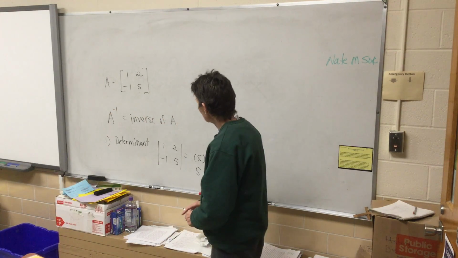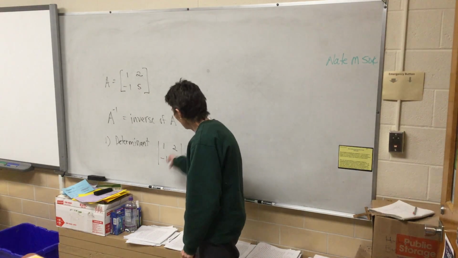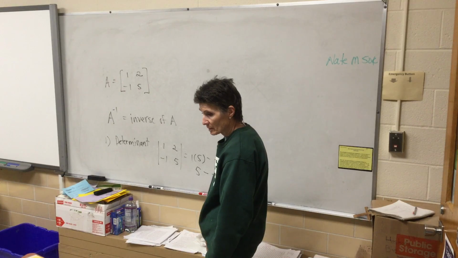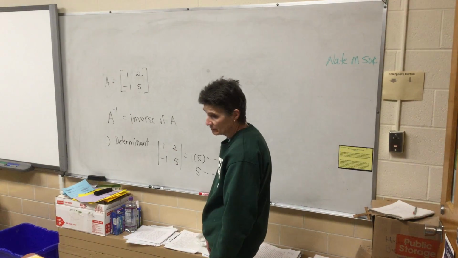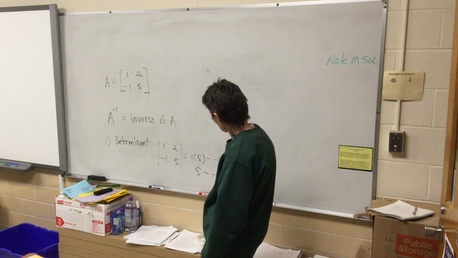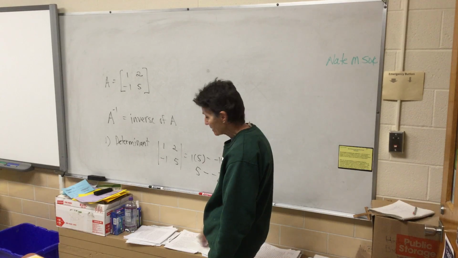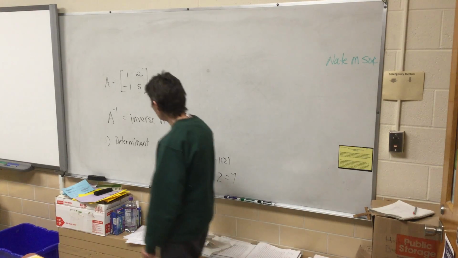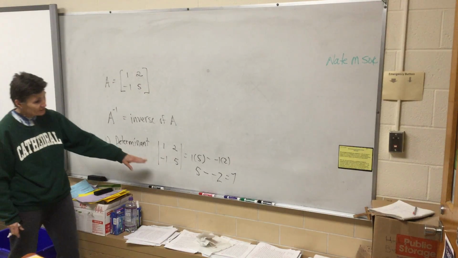Remember, your determinant is down minus up. Down minus up. So it's 7. All right, that's step 1. So this finding the inverse is a 2-step process. The first step is find the determinant.